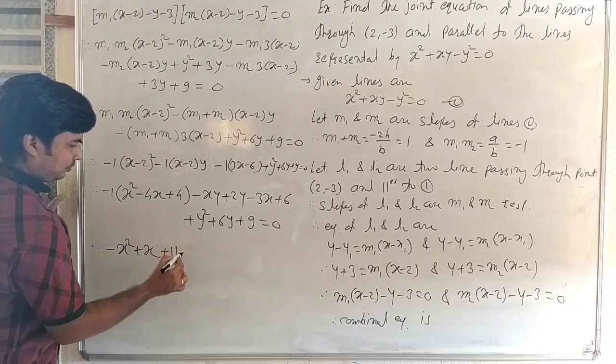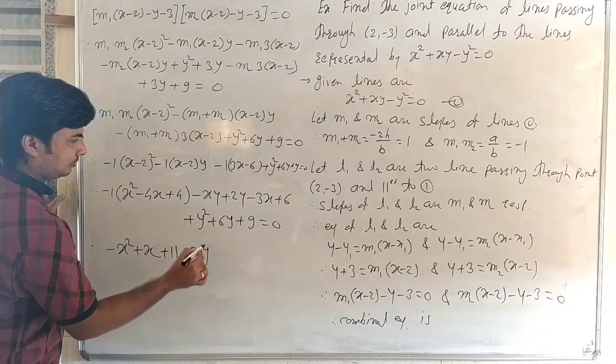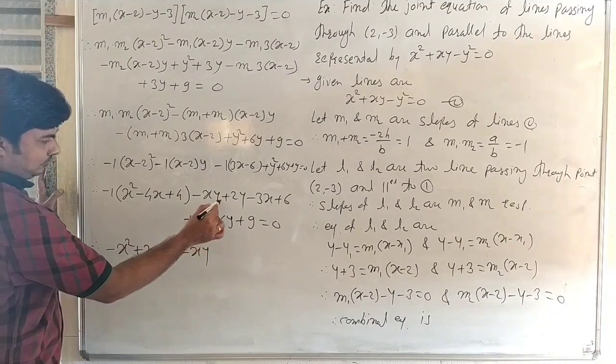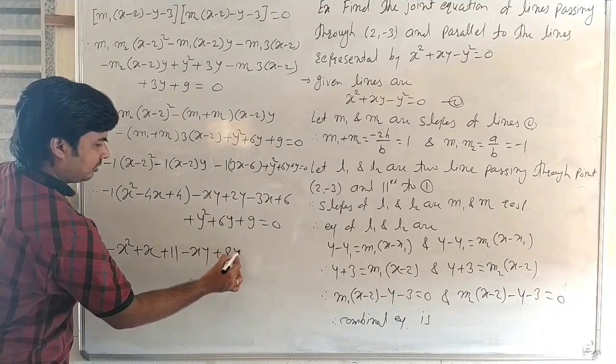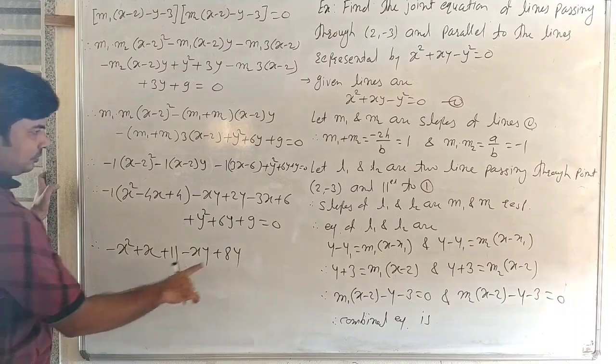Okay, now minus xy and then 2y and 6y, it is plus 8y. Okay, and it is y square.